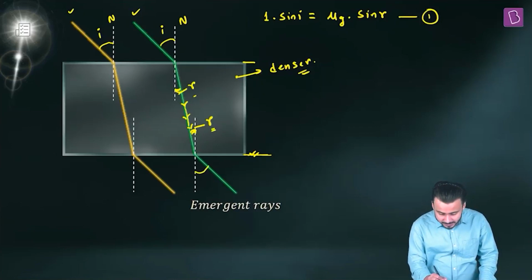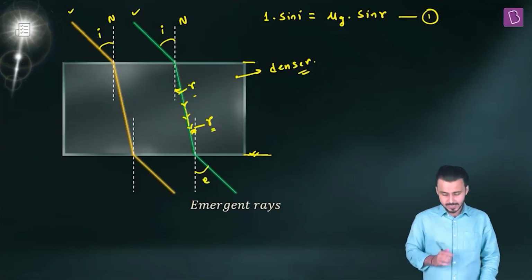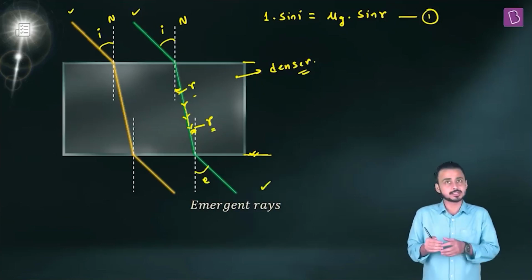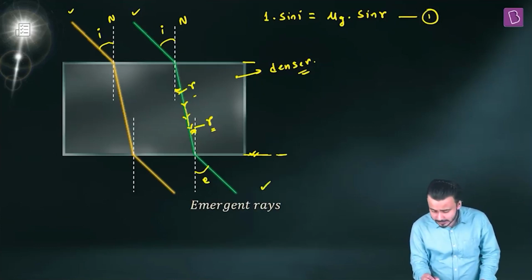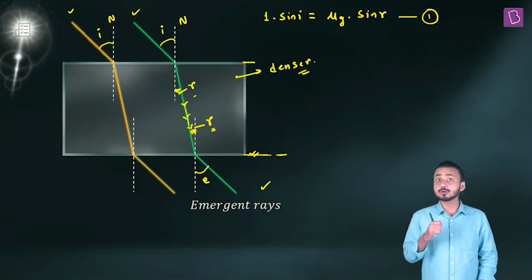Let's say the angle of emergence is E, and the ray is emerging into the air again. So again you apply Snell's law for the second face.